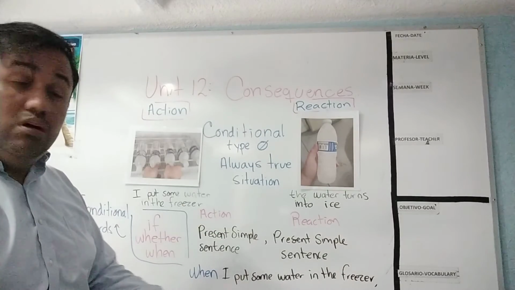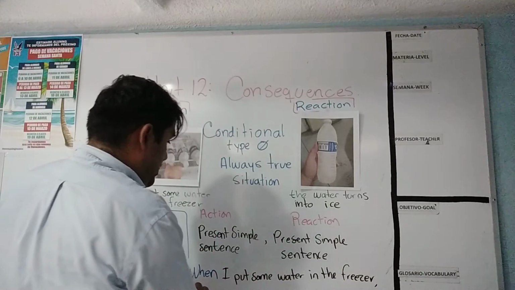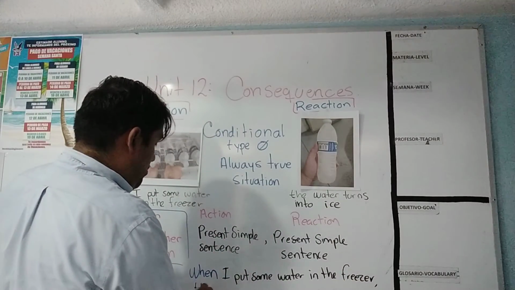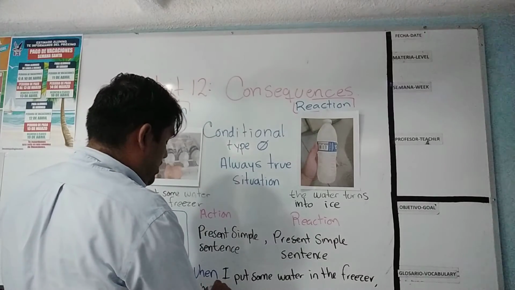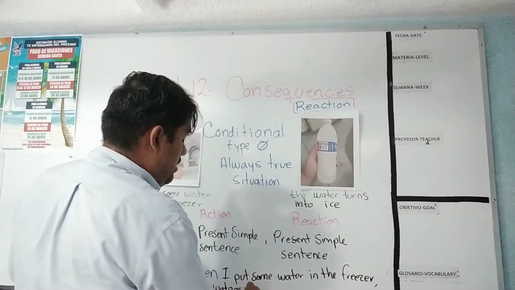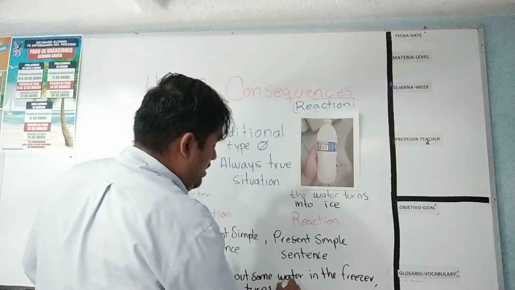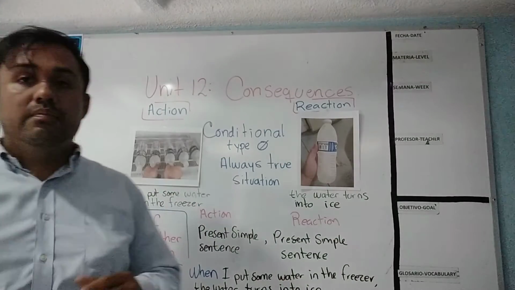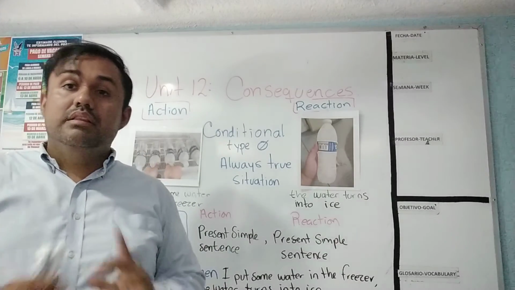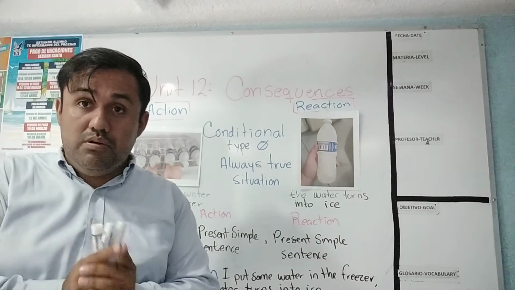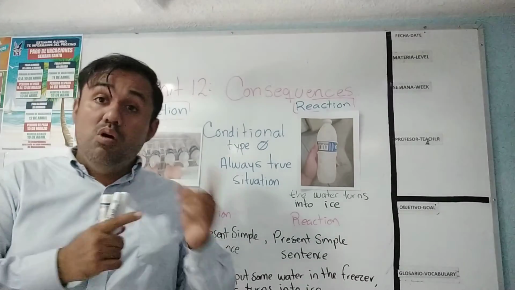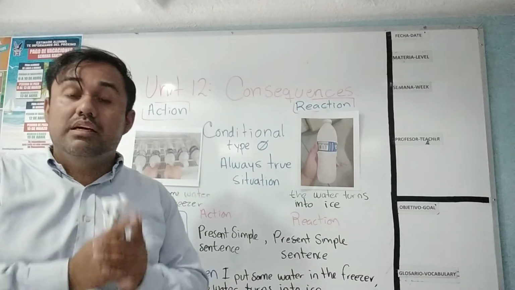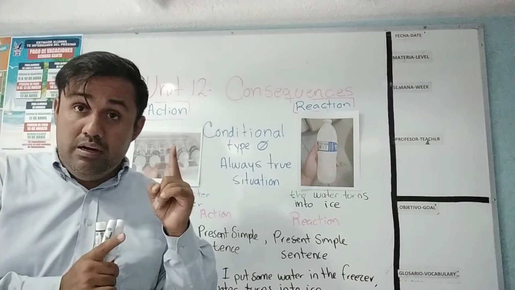What happens to the water? The water turns into ice. So this is the conditional type 0. In a moment, I am going to explain the conditional type 1.